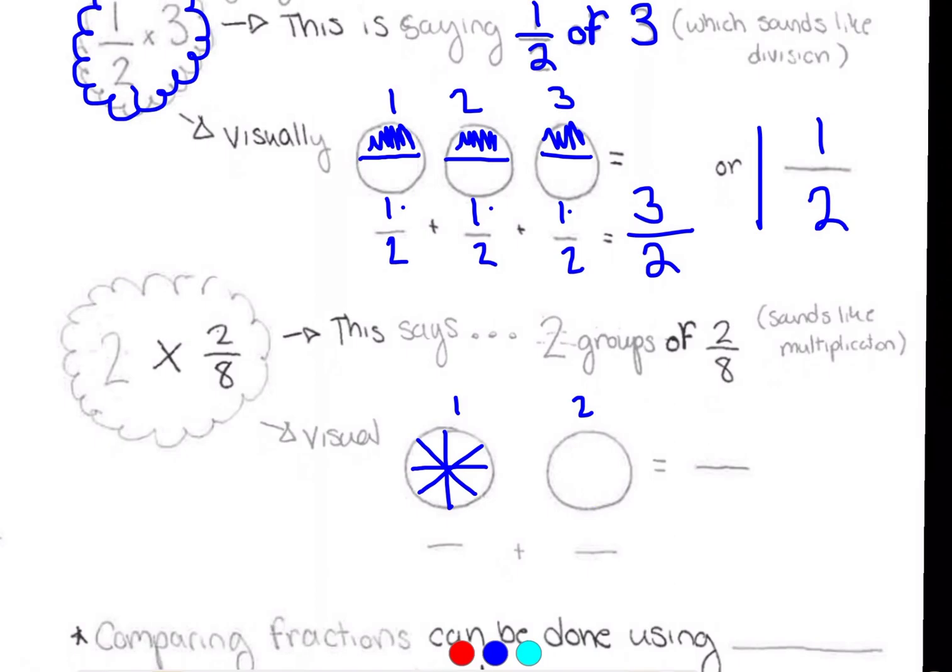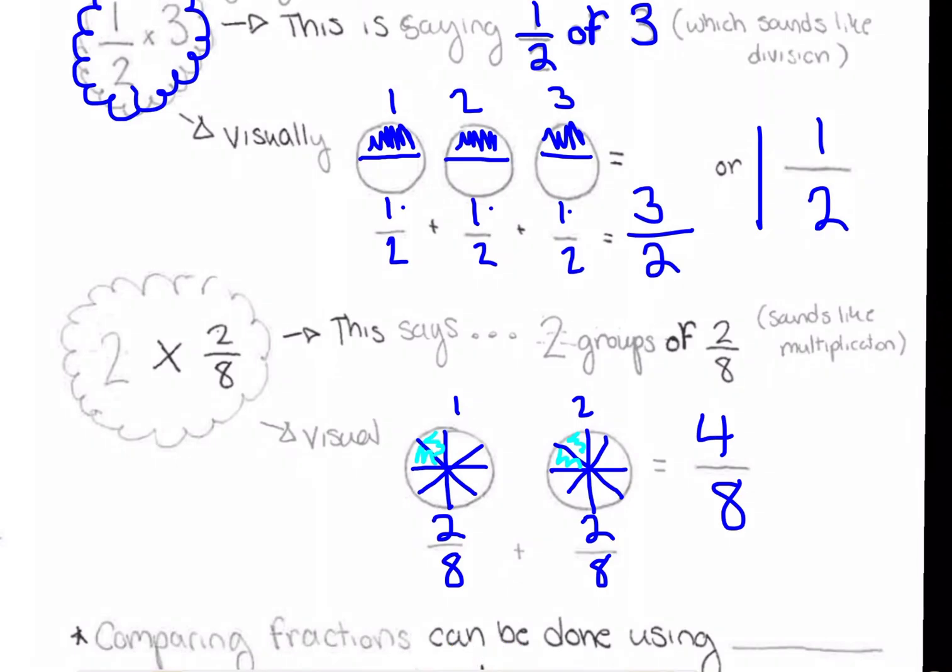So the first thing I need to do is cut up my pizza, and then I need to eat 2 slices of each. 1, 2, 1, 2. So if both my pizzas were cut into eighths, and I ate 2 eighths of this pizza and 2 eighths of this pizza, how many eighths did I eat altogether? I actually ate 4 eighths worth of pizza.